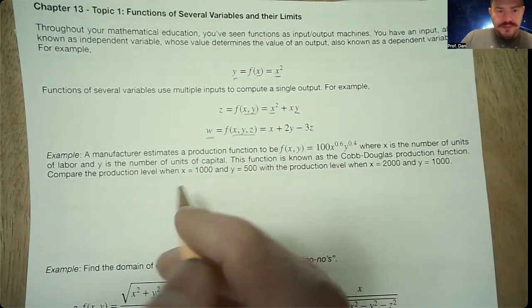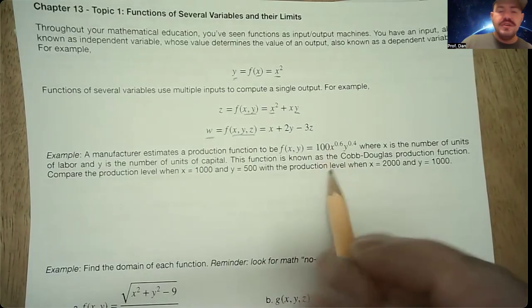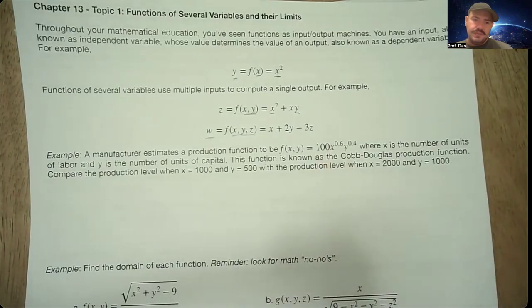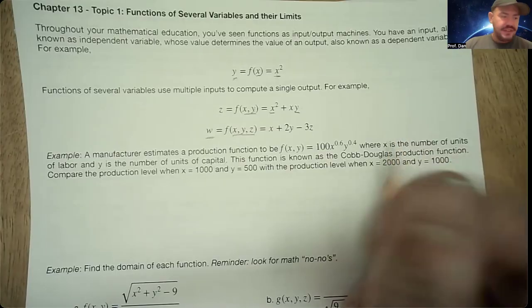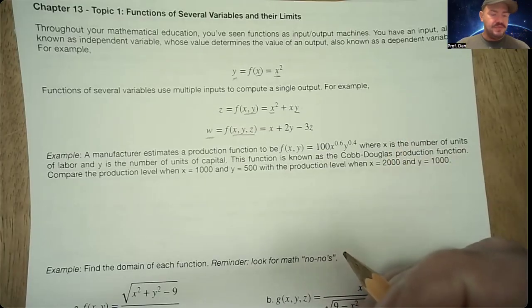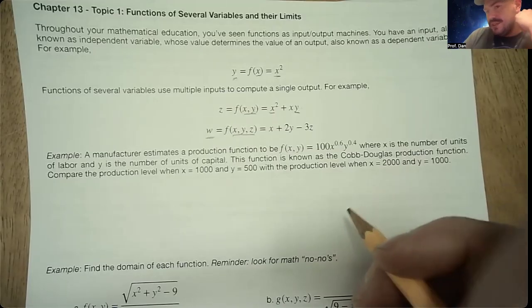As an example, we have a function of two variables that is known as the Cobb-Douglas production function. In economics, that is a thing, and if you take economics beyond the basics you'll find there is quite a bit of calculus in it.